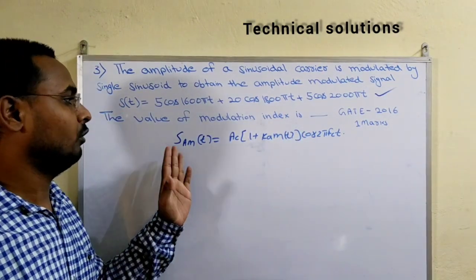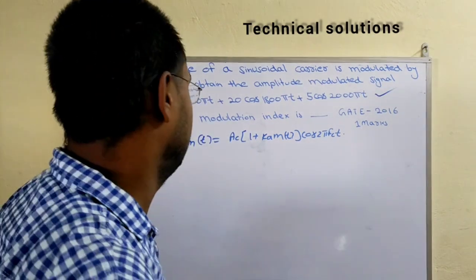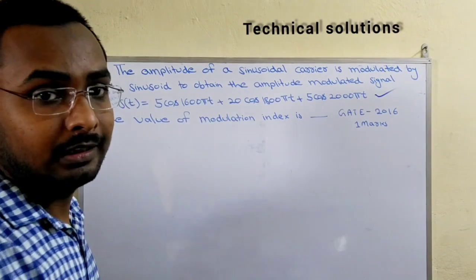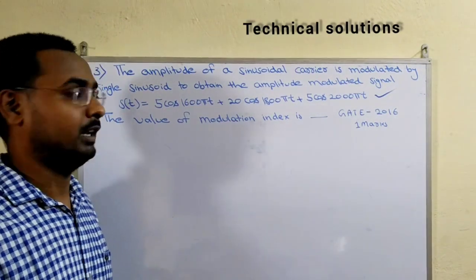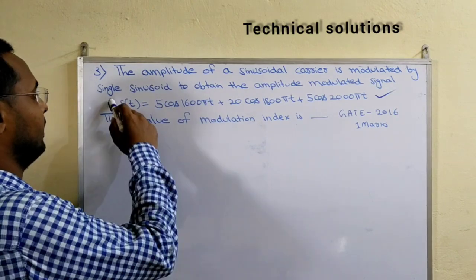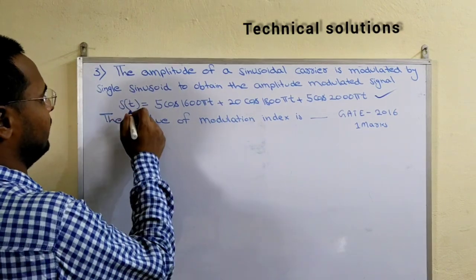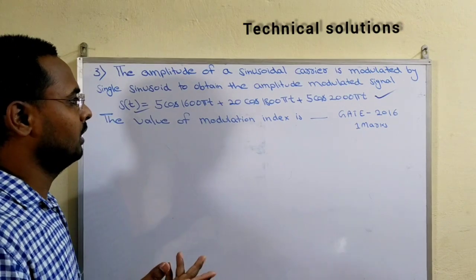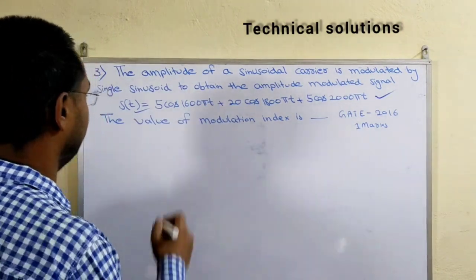So, friends, do not use this expression in this question. We use the single tone modulation AM equation, because that is much easier to compare with this equation. It is a single tone AM modulation. Fine. So you have to use some brain.